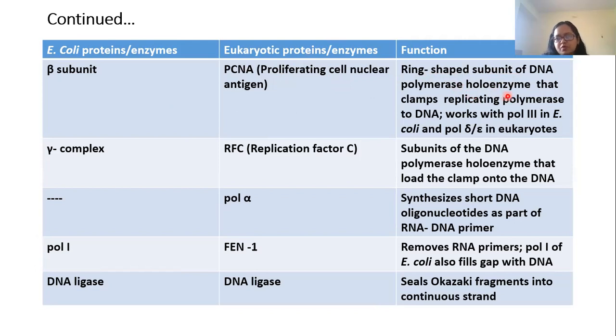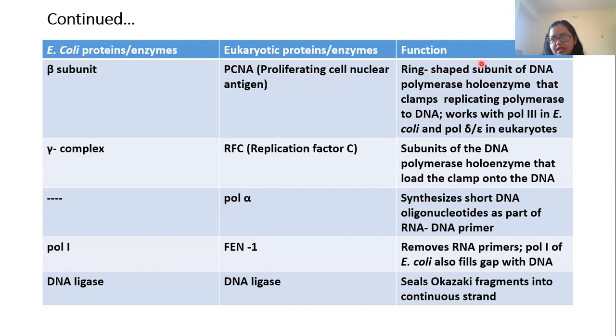Holoenzyme means it is made up of many subunits, and this holoenzyme is in ring shape that clamps the replicating polymerase to DNA. It means that the polymerase which has DNA synthesizing activity needs the help of a clamp, and that clamp is what? PCNA.